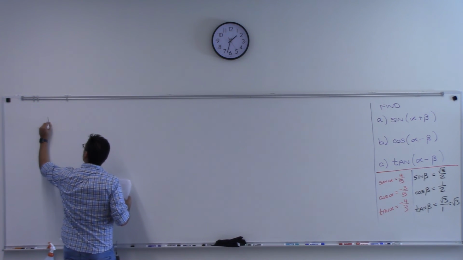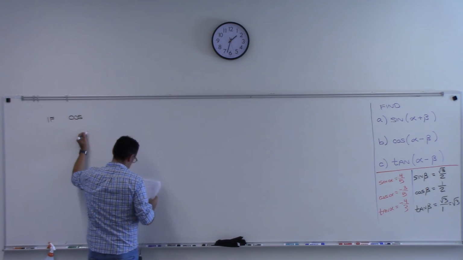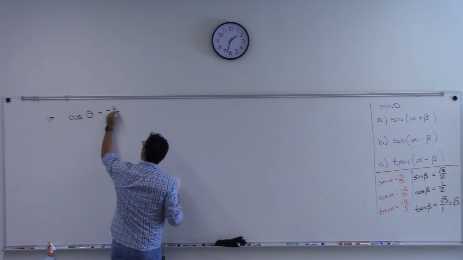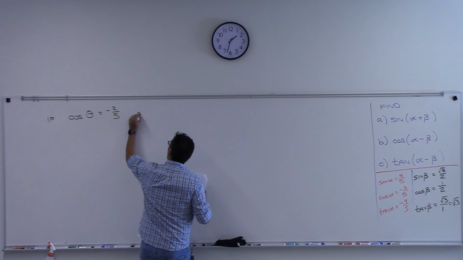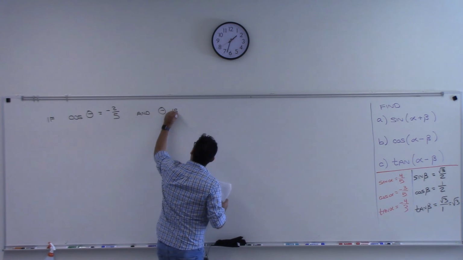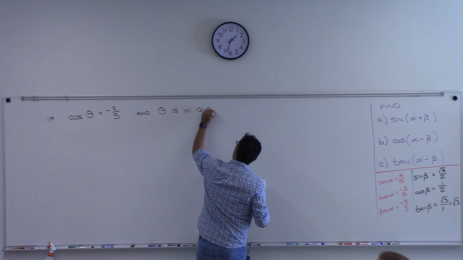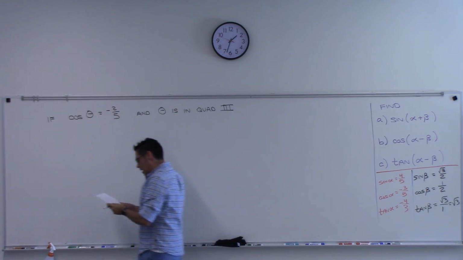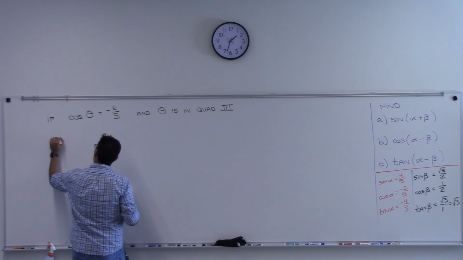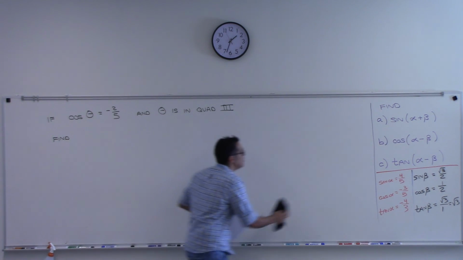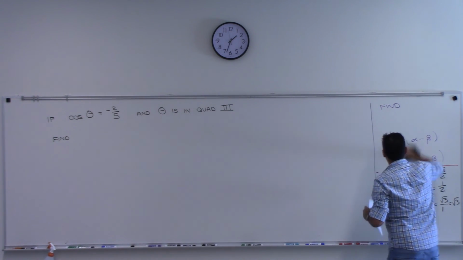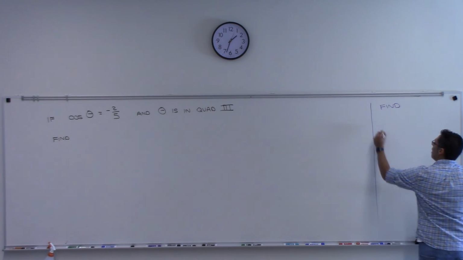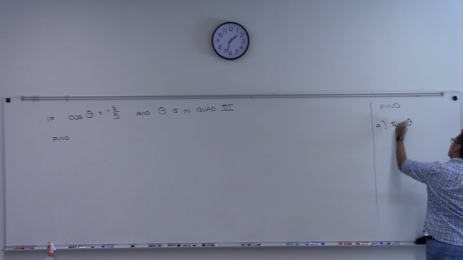If I tell you that cosine of an angle theta equals negative 2/5, and I tell you that theta is in quadrant 3, find, let me put it over here. Part A. Tell me what sine of theta is.